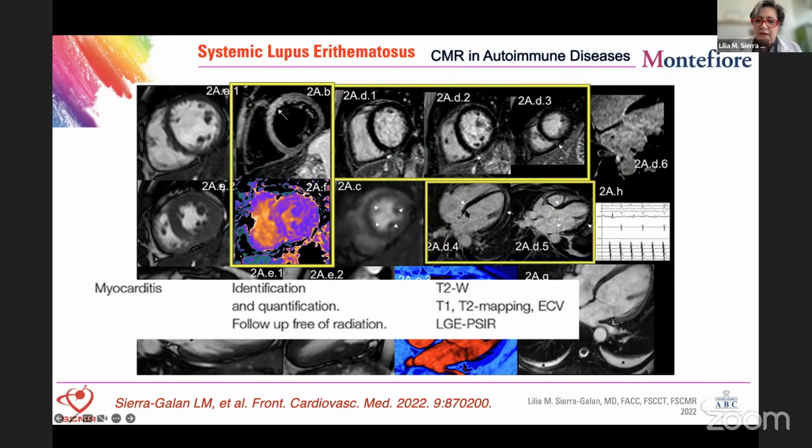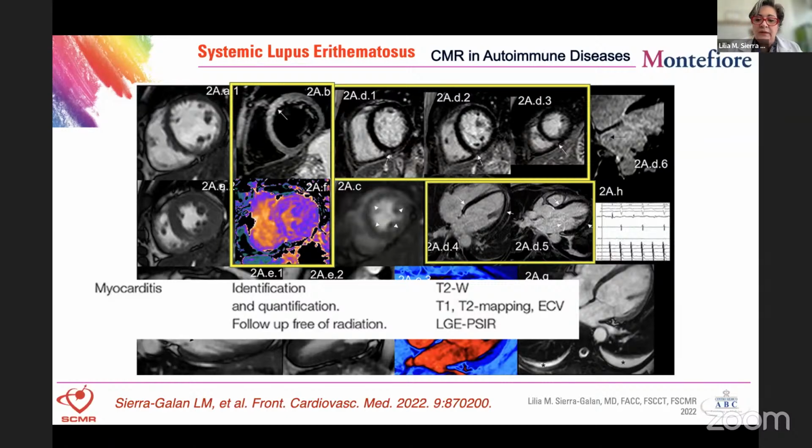And if you look carefully, you are going to see this mid-wall LGE and in different sites. We are going to see the increased signal intensity in the valve.